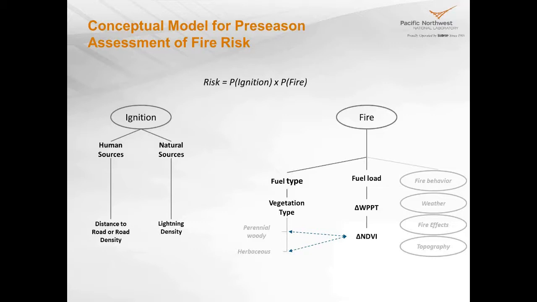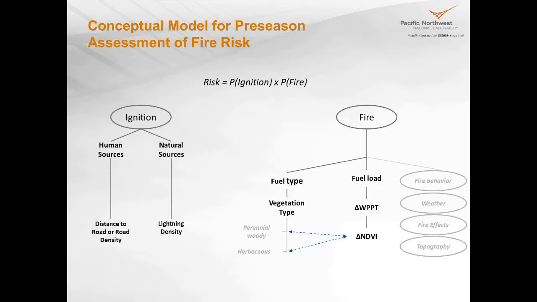For the ignition side, we used a 30-year fire history, fire polygons, and a fire starts database from about 26 years of fire starts that were points that had the cause of the ignition, to assess the relationship between different landscape variables. And we ended up with, maybe not surprisingly, the distance to road and the lightning density as being the most closely correlated with the fire occurrence and size. So that's the left side of the model.